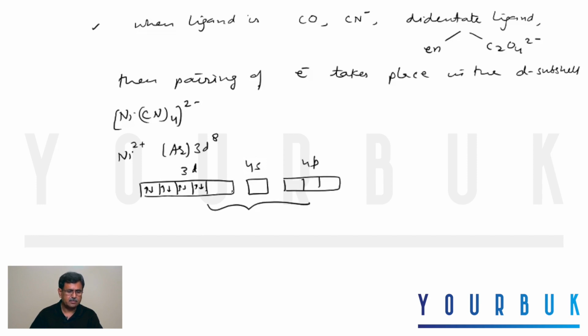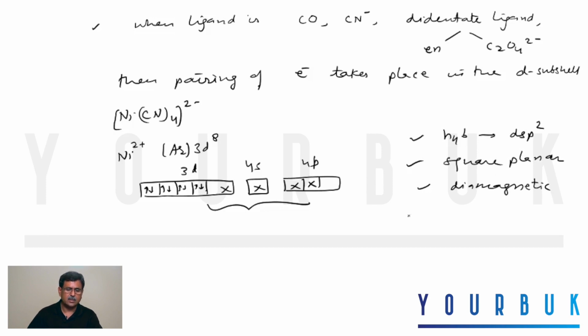The hybridization is dsp2 and the geometry is square planar. The complex is diamagnetic since there is no unpaired electron present, and it is an inner orbital complex, as one of the atomic orbitals used by nickel is from the 3d subshell.